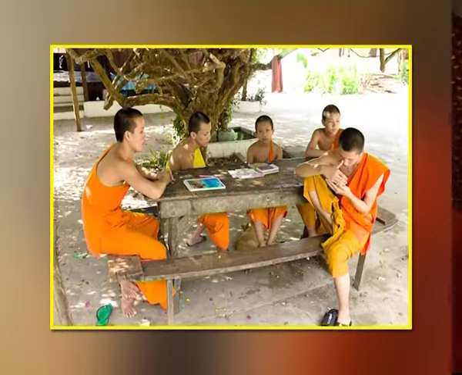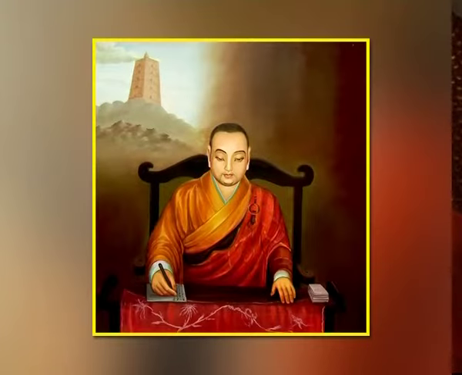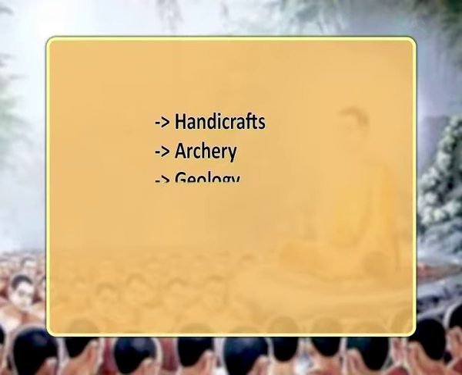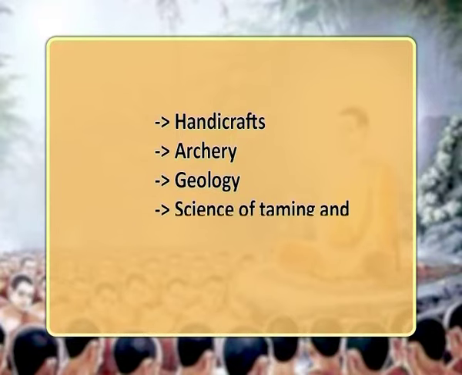In primary education, emphasis was laid on the teaching of reading, writing and arithmetic, which we call the 3 R's, while in higher education, religion, philosophy, military science, medicine, art, handicrafts, archery, geology, the science of taming and training animals, etc. were taught.